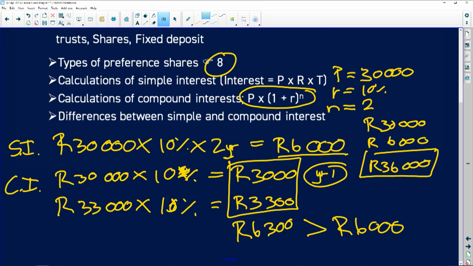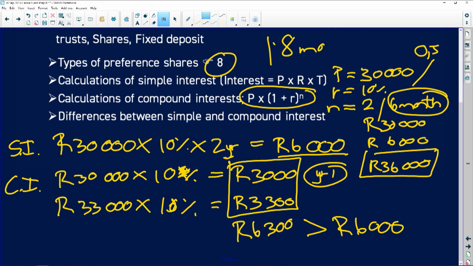The moment that they change the N and they make it 6 months, then you need to convert that 6 months to years, which means it becomes 0.5 years. Or the other one that they do is they take 18 months, and then you need to realize, oh, okay, 18 months is the same as 1.5 years. Be mindful of that. Those are the traps that they can ask, and it's very, very popular in exam papers.